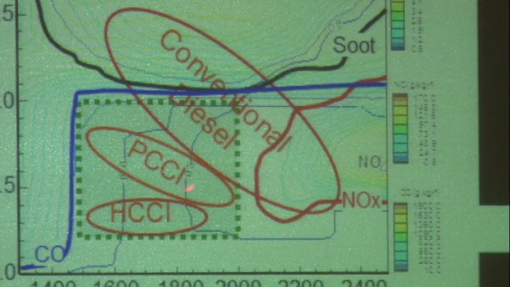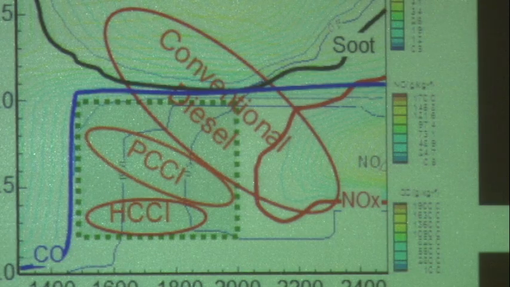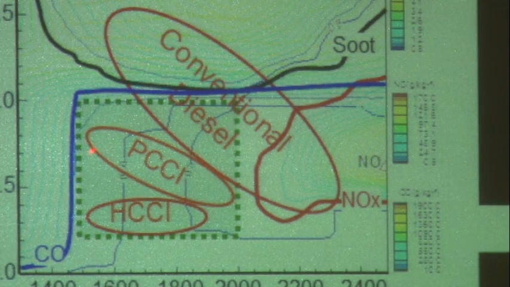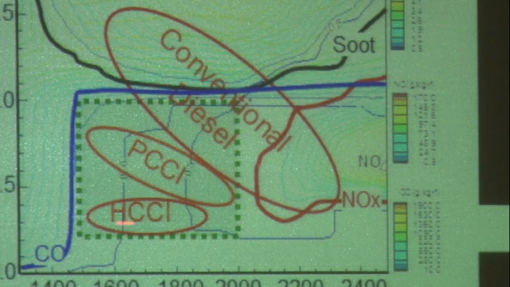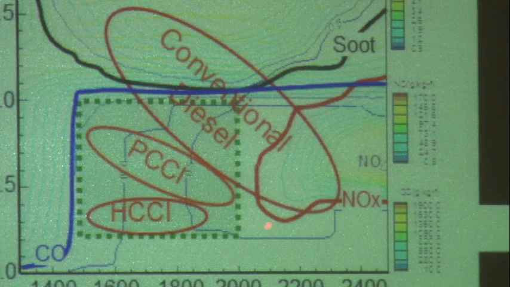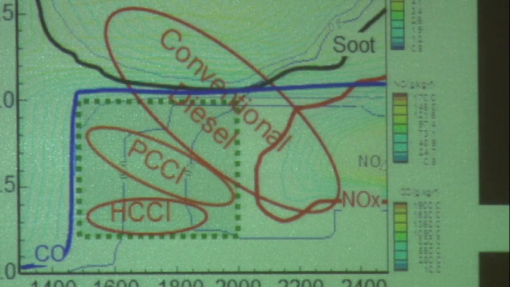Here would be a typical PCCI operating regime. You would have regions that are close to stoichiometric in parts of the combustion chamber and regions that are relatively lean. Homogeneous charge compression ignition, here you want to operate with essentially very low equivalence ratio to avoid smoke, and you want to operate highly dilute in order to avoid nitric oxide.